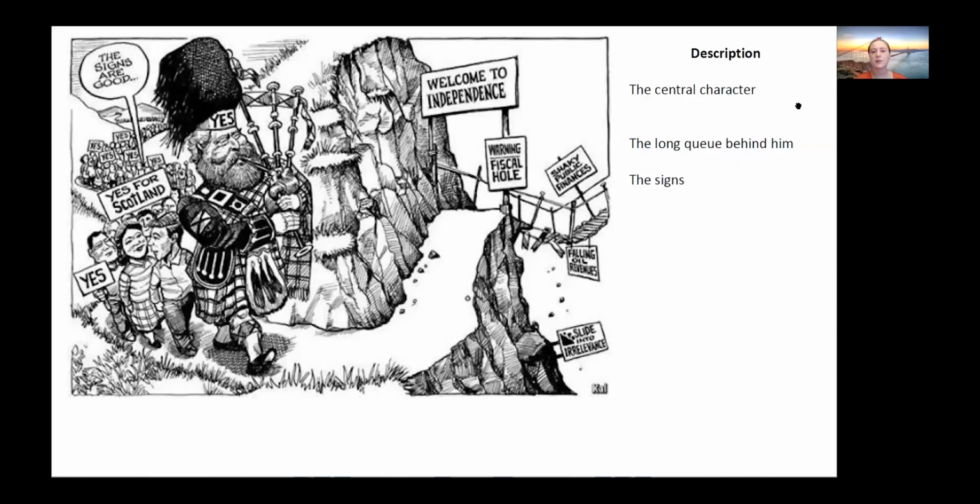As you observe this cartoon carefully, you can also notice that there is quite a discrepancy between the signs that are shown.